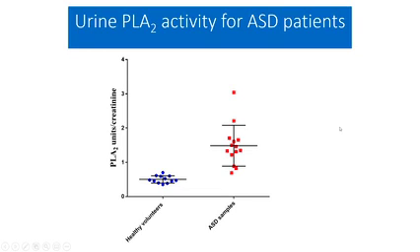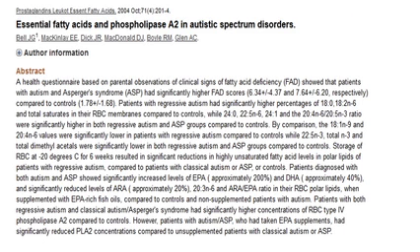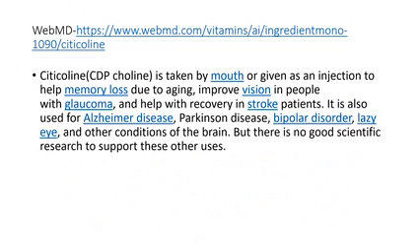Another study in one of the journals found evidence of high amounts of phospholipase A2 in children with autism, and that taking fish oil, the fatty acids EPA and DHA, helped to reduce the amount of phospholipase A2 in autism.